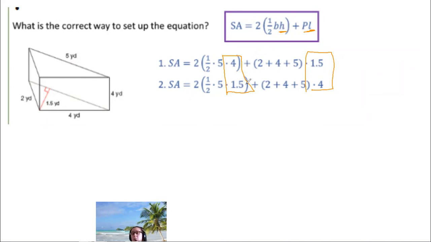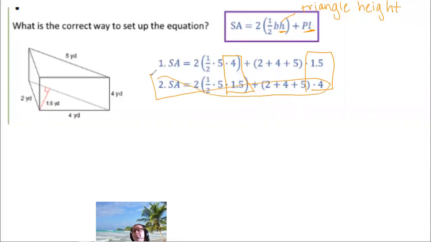Guys are saying second one. No, I'm sorry, not the height of the triangle. Yep, so when you do the surface area for the triangular prism, you want to do the second one here.